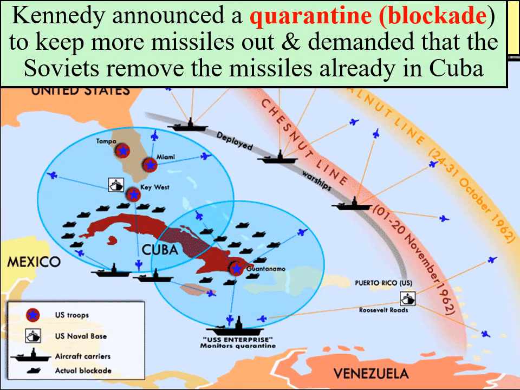Now, after this blockade, this quarantine, we try to really be tough and enforce it, that if they cross this line, we're going to fire on them. But if we fire on the Soviet Union, that means war is going to break out. And how this whole scenario is going to play out is the Soviet Union is going to bring up ships, and it looks like we're getting closer and closer and closer to war.